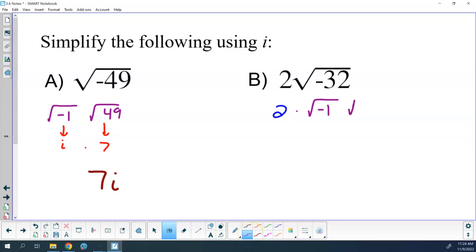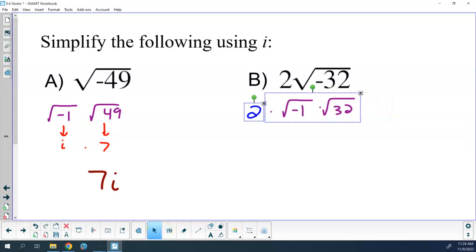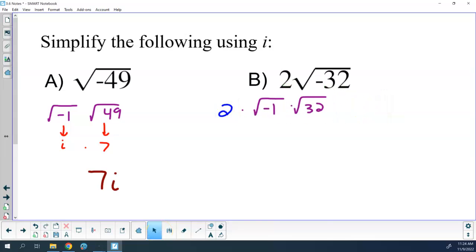For the next one, the 2 is already a free number, so it just comes along for the ride. Square root of -1 times the square root of 32. 32 has 16 as a factor in it. So we could go 2 times the square root of negative 1 times the square root of 16 times the square root of 2.